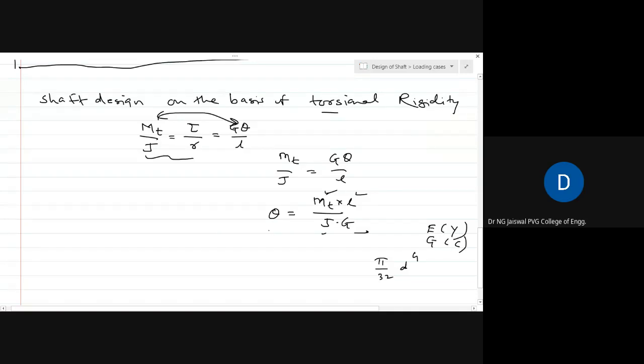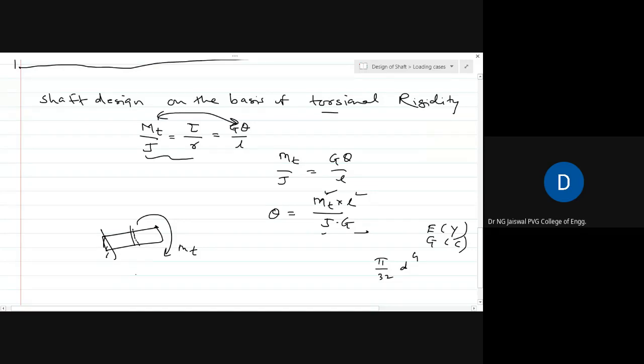Now, if somebody asks you a question: design a shaft that is subjected to some torque, but you have to design it in such a way that the angular twist is within a limit. What is angular twist?